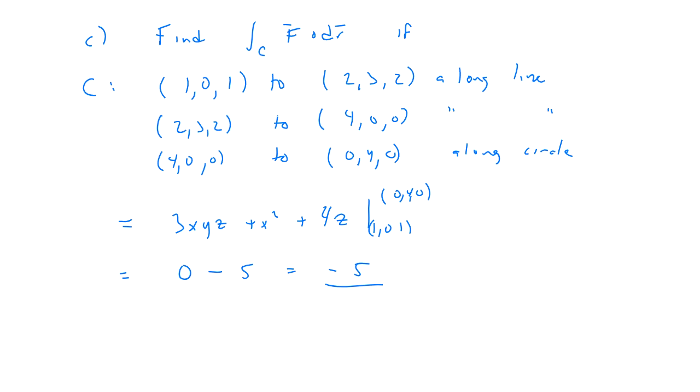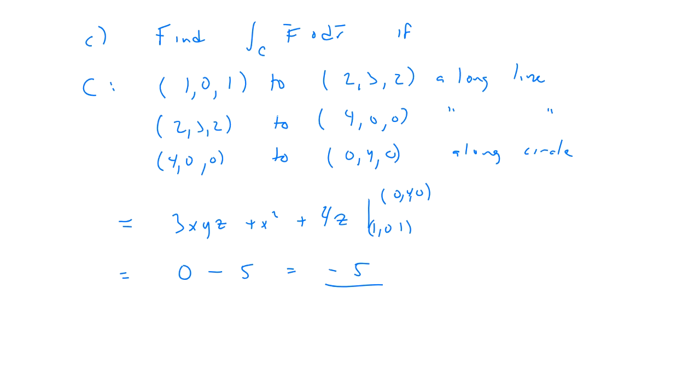But remember, the idea is if something is conservative, then you take the equivalent of the antiderivative, which is find the potential function, and then just plug in the endpoints.